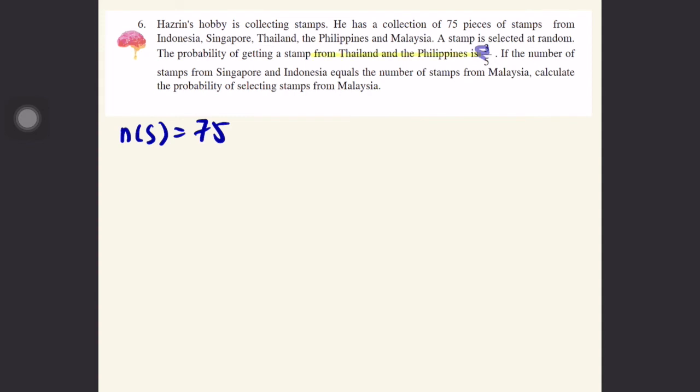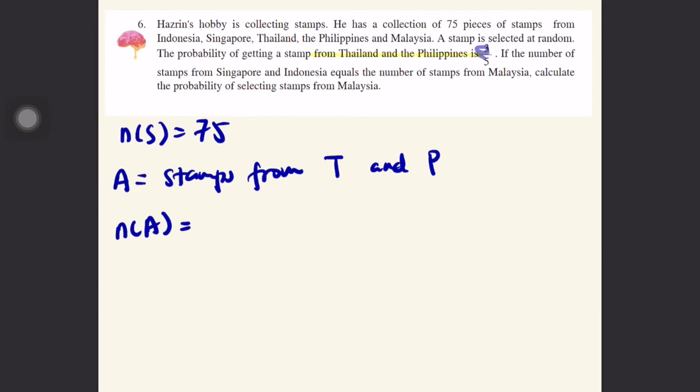Okay, here we already know the sample space is 75, and given the probability 3 over 5 is a stamp from Thailand and the Philippines. So how do we write it? For example, I write event A: stamps from Thailand and the Philippines. So I can find the number of those stamps. The probability is 3 over 5 times the sample space, like the first question earlier.